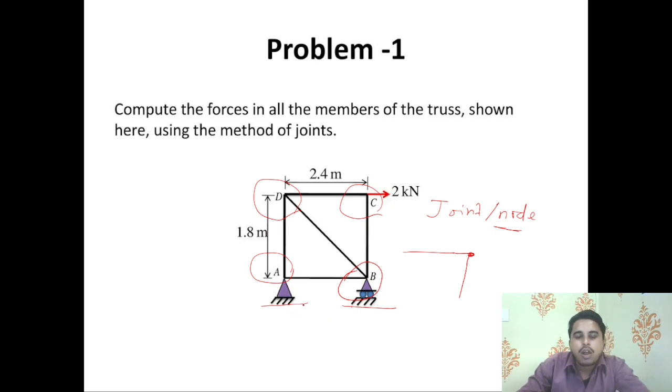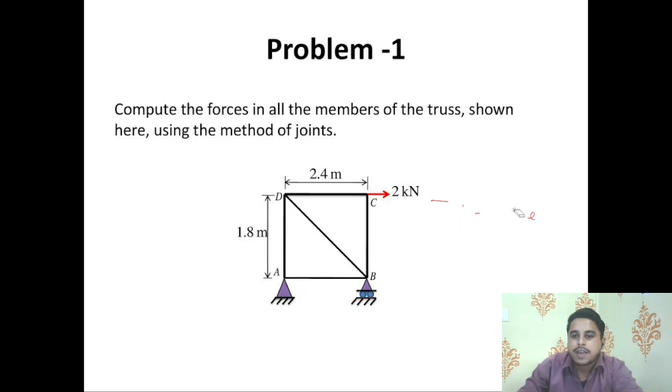We all know about support systems and the members combination. This whole type of mechanism, if it is subjected to some load and can bear this load up to the extent of its elastic limit, then we will call this mechanism a structure. So look at this problem.